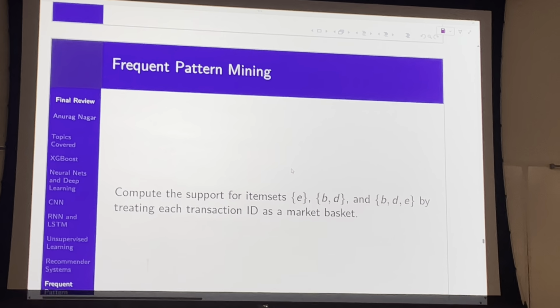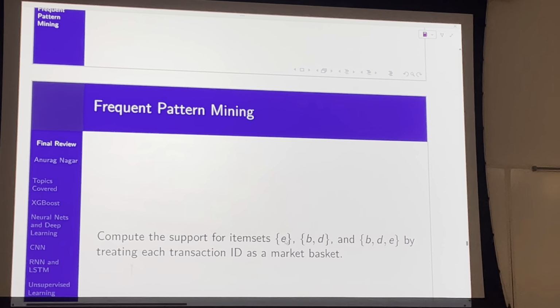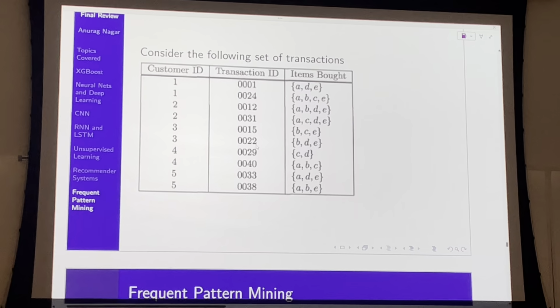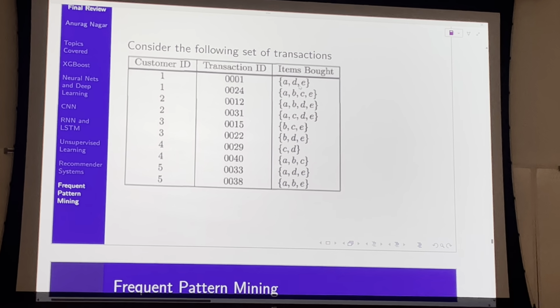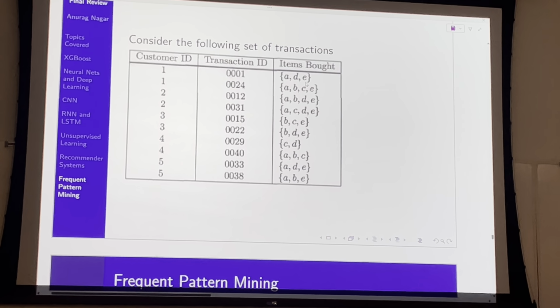Now what I could say is, find the support of item E. Support of item E simply means, out of these 10 transactions, how many contain E? You can see the support of E is 0.8, which is 8 out of 10 contain the item E.